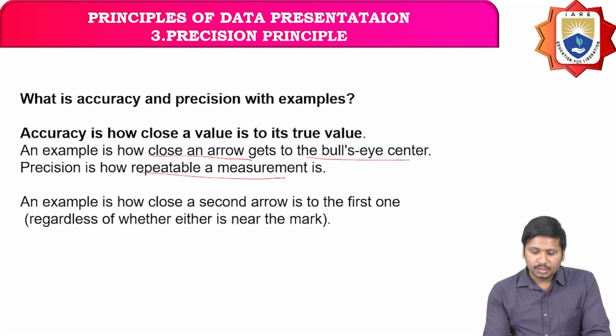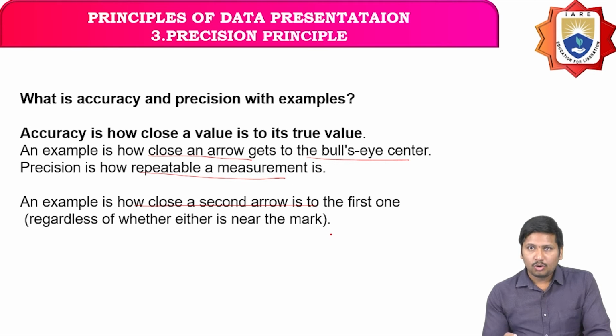So the example is how close an arrow gets to the bull's eye center. That should be the accuracy. And precision is how many times the experiment is repeated so that I am able to get the same value. That should be the precision. Another example: how close the second arrow is to the first one.